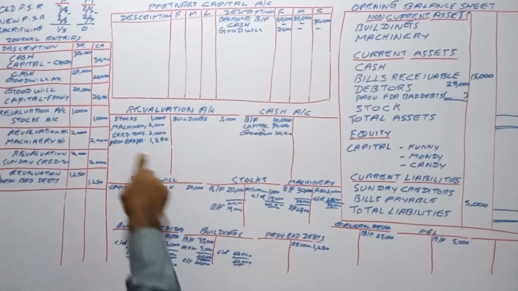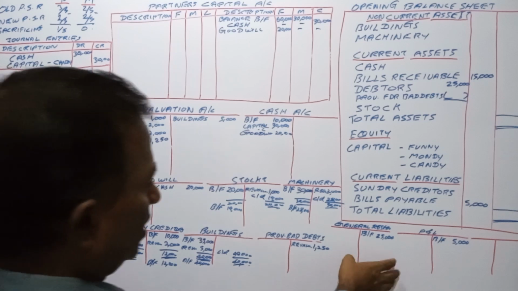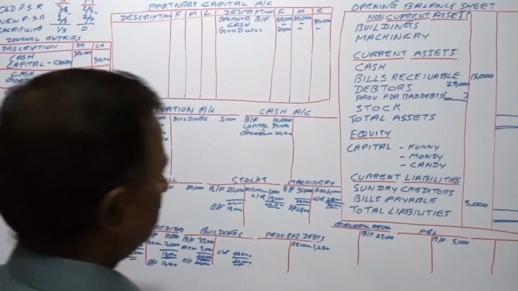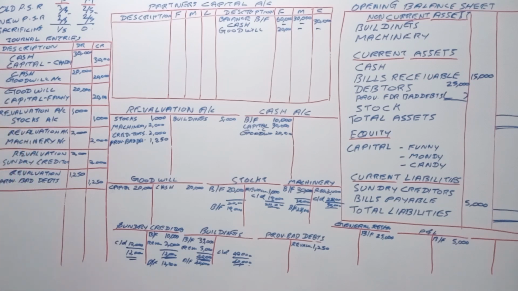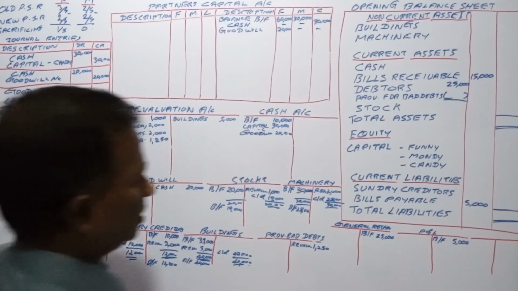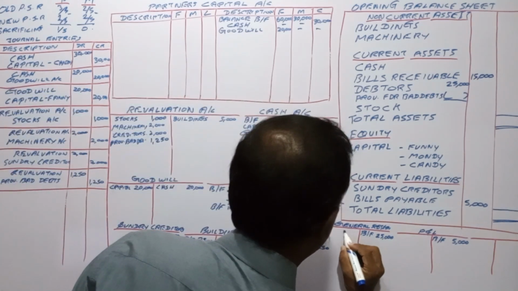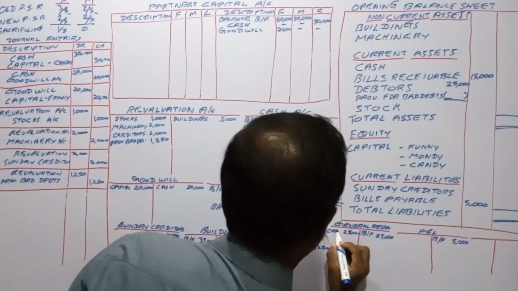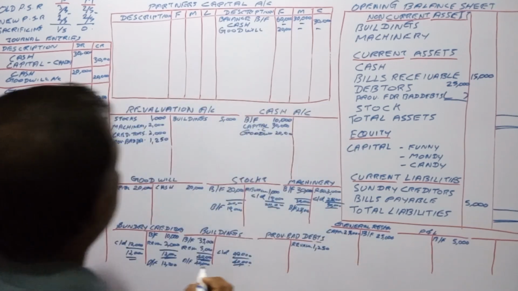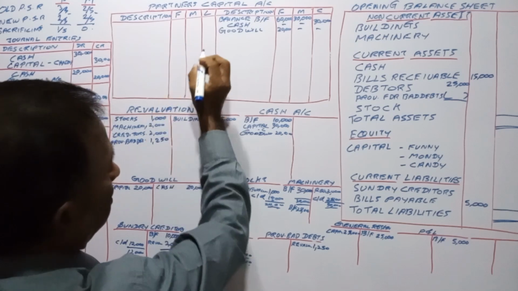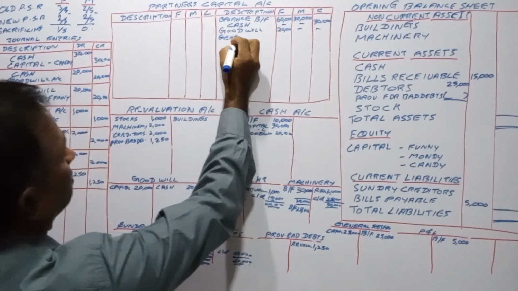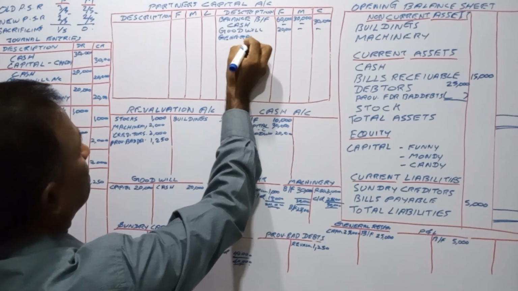So the double entry we have completed, and there is a general reserve. General reserve we have to transfer according to the previous profit sharing ratio. Right? General reserve has to be transferred to the capital account. Capital account credit, general reserve.